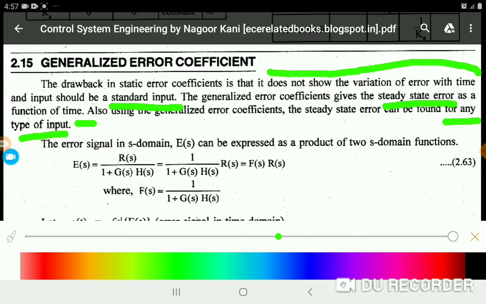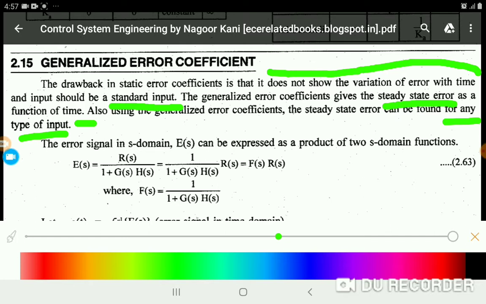So for these advantageous effects, we will move on to the generalized error coefficient. This video explains how to find the generalized error coefficients.